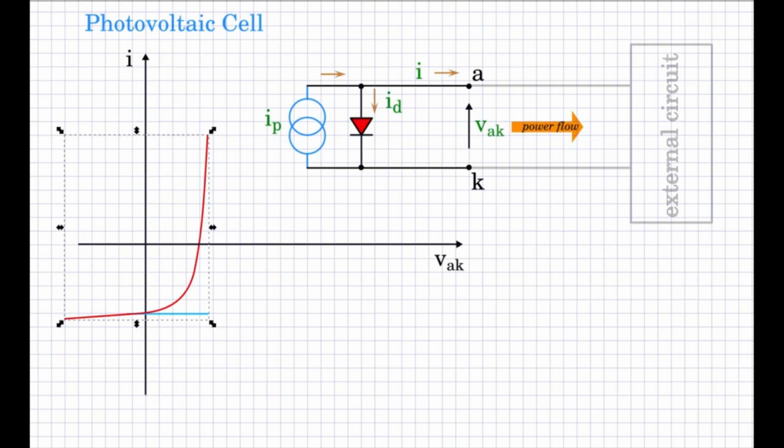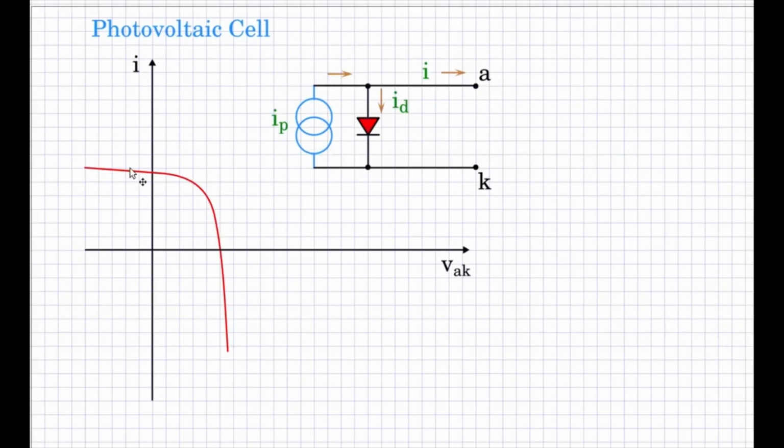That is done by simply flipping the y-axis, because the current has just flipped direction. So this here forms the IV characteristic of a photo cell or photovoltaic cell.